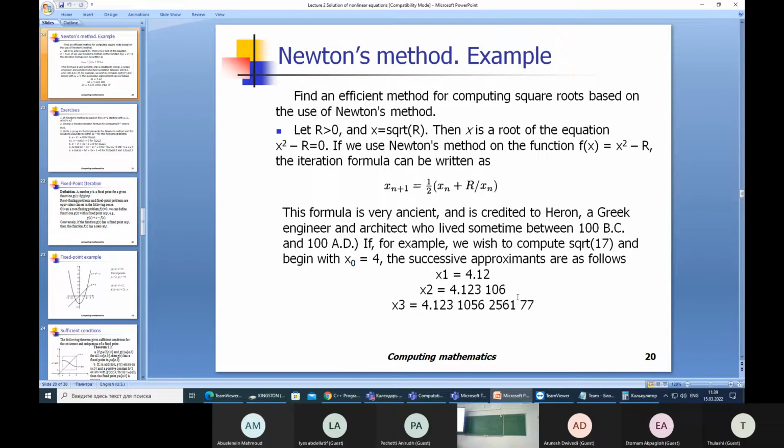33 over 8, and compute it in decimal fraction. Right, right. So the first answer should be 4.125.